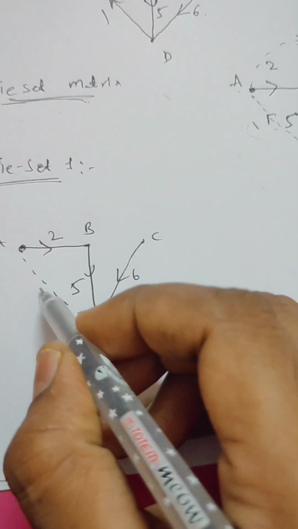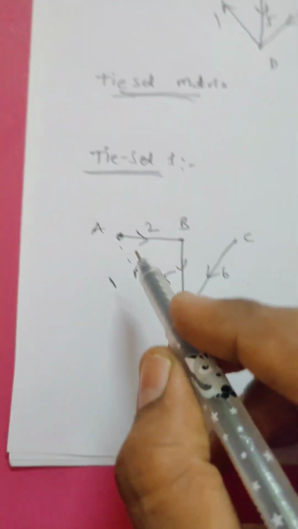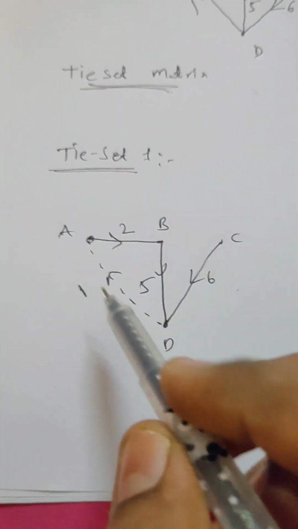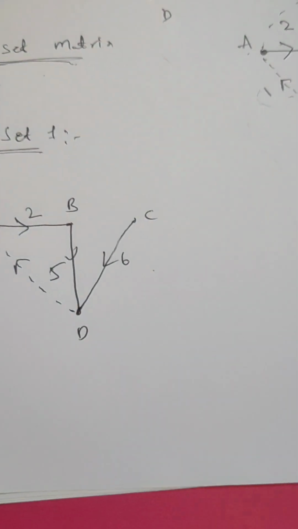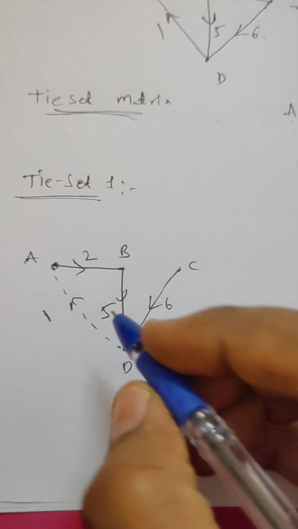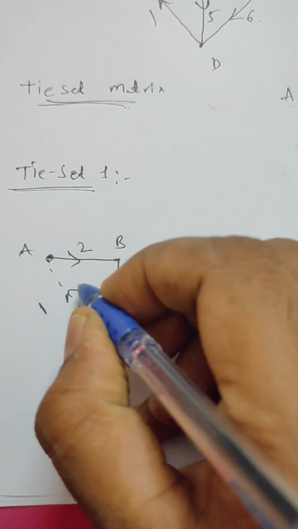If you tie one link to this tree configuration, it is going to form one closed loop.